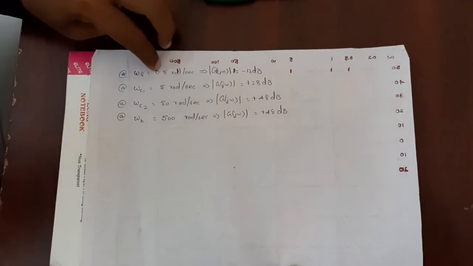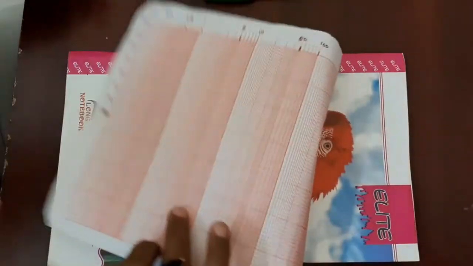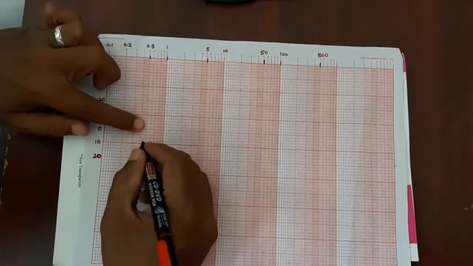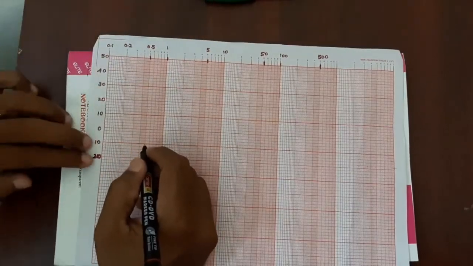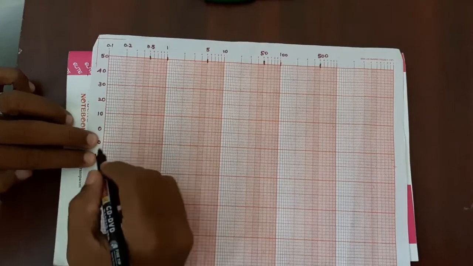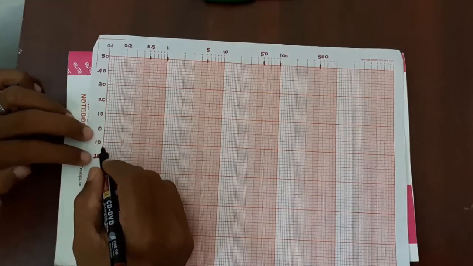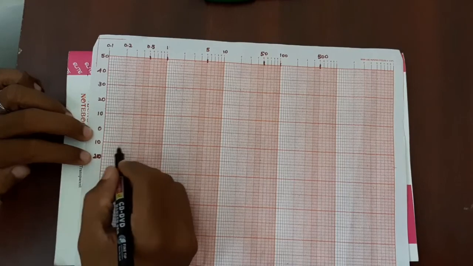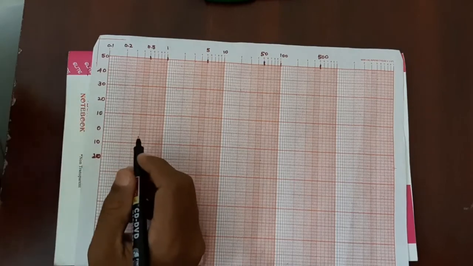Okay, so at omega L equal to 0.5 radians per second, we got the value as minus 12 dB. So this is 0.5 radians per second, and this is minus 10. Between 10 and 20, the number of divisions is 10, but the number of lines is 5. So 10 divided by 5 is 2. So a single line represents 2 units.